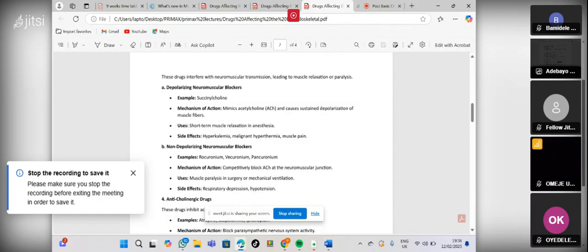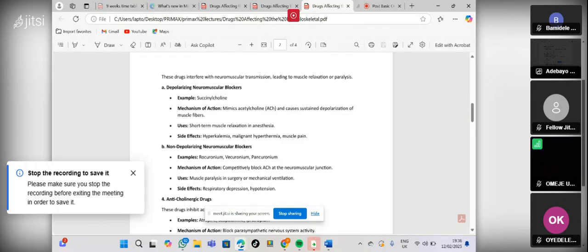So we go to SNRIs, and one of the most important drugs there include venlafaxine. Yes, there's venlafaxine and there is duloxetine. Duloxetine, don't forget, it's very, very important too.